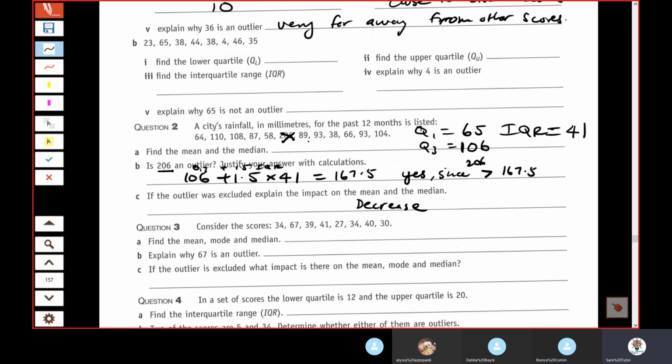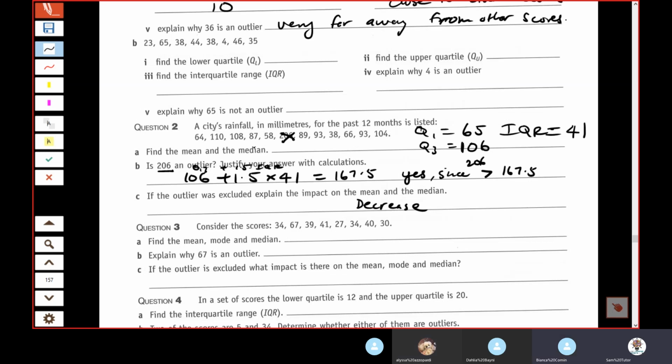It looks like your median would have been around 89 or something like that from the numbers I can see. And if that was removed, then I believe, without doing the math, I just have to do it.